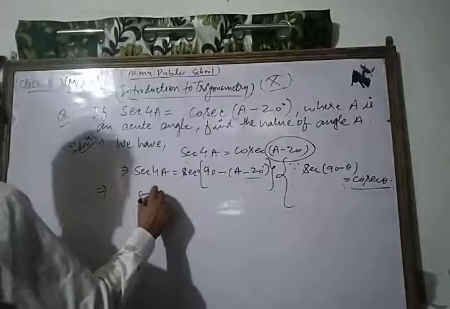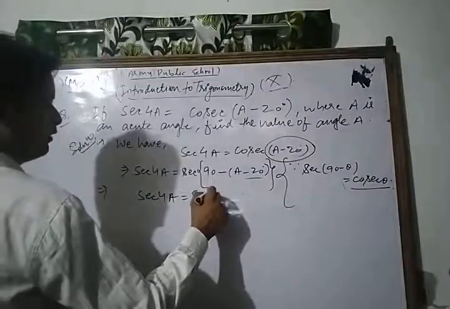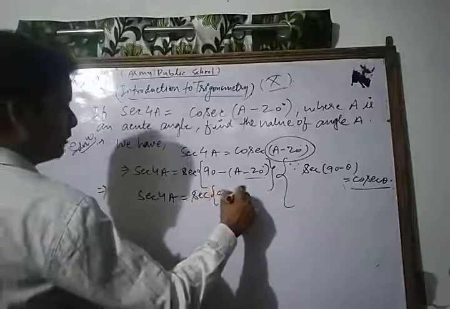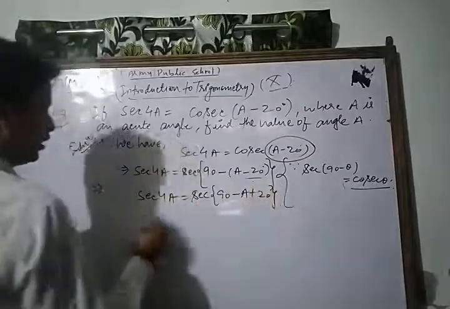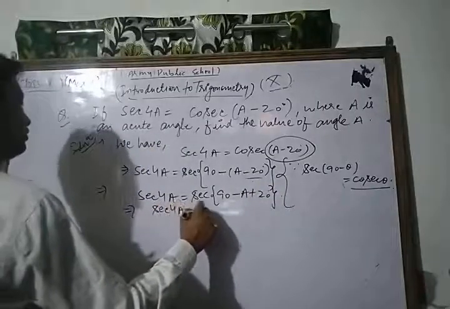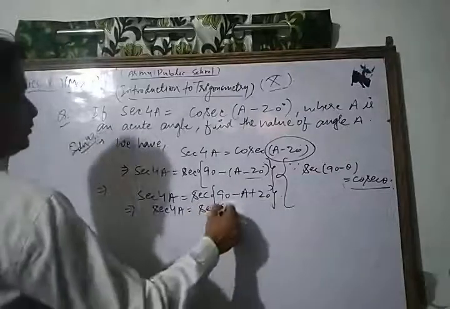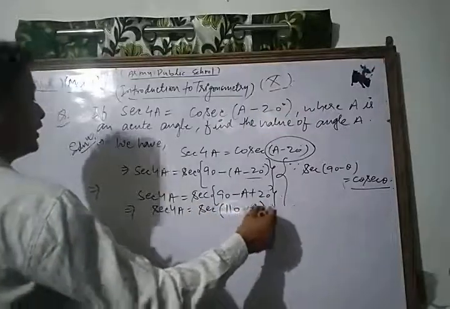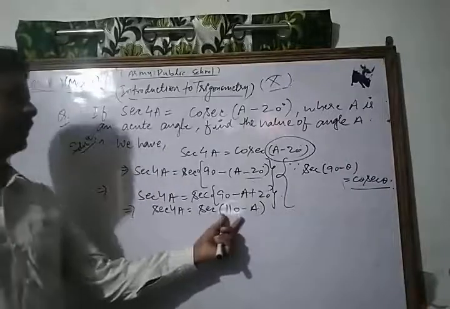Now let's see one more step. First of all, we simplify. We write 90 minus A plus 20. Now we can write sec 4A is equal to sec (110 minus A). This is sec 4A and this is sec (110 minus A).